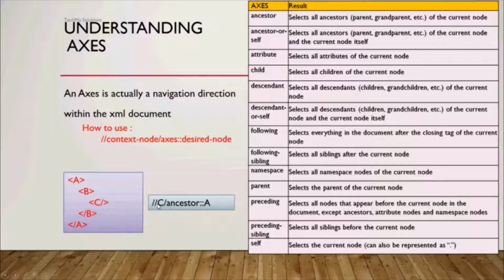Double forward slash C, this is our context node because we are at C. Then since A is its grandparent in the hierarchy, we can use ancestor, then double colons, and then node A. By this expression, though we were at C, we are now at level A, and in that case you can reach any children or any node that A contains, even its attributes.